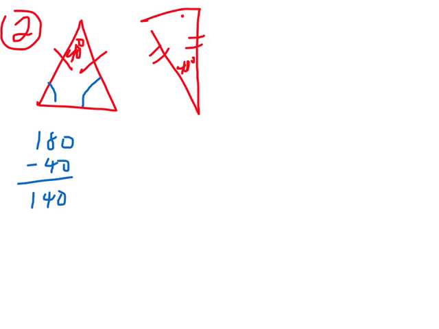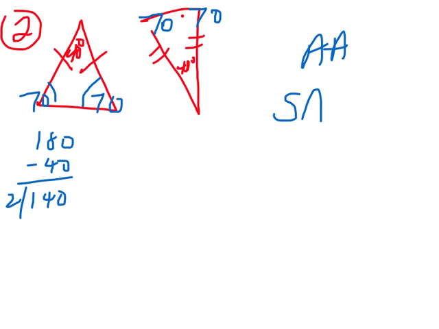And I got to divide that in 2. And wouldn't that be 70? And wouldn't that be 70? Since they're isosceles. Wouldn't the same thing be true over on the other triangle since it's isosceles and it's got a 40-degree angle? So if I wanted to, I could say that these two were similar by angle. Could you do side angle? You could do side angle side also. See how sometimes there's more than one way to do it, okay? So side angle side also.